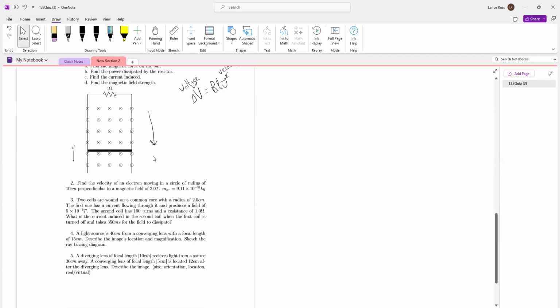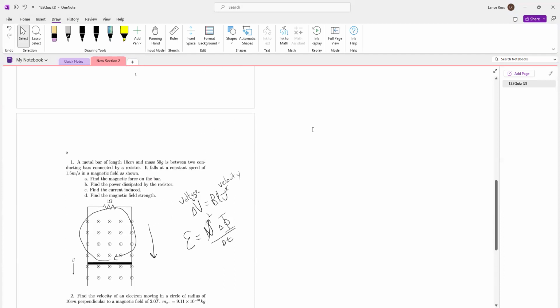We can also look at it as a loop with a changing flux. So if we look at it as a loop with a changing flux, EMF we know is N delta flux over delta T, where N is the number of loops, in this case, just one loop. Either one of these approaches work.